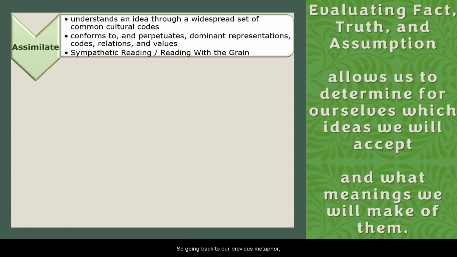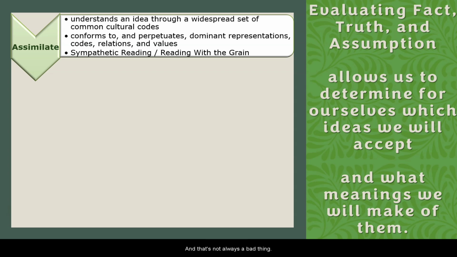So going back to our previous metaphor, does it serve us well to use our pre-existing boxes to sort and categorize ideas? When we are choosing to assimilate with an idea, we're kind of saying that this idea conforms with and perpetuates dominant representations, dominant codes, dominant structural relations or values.